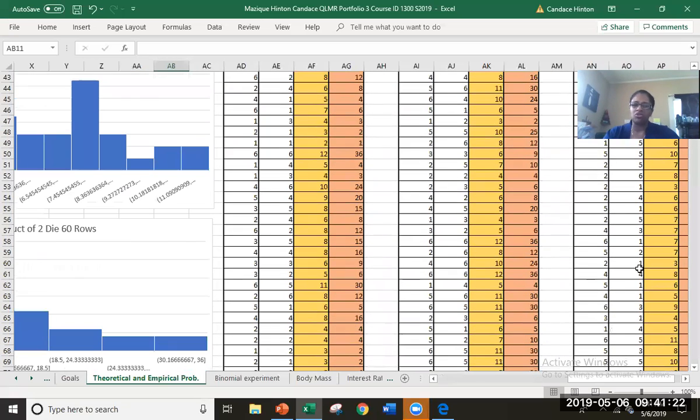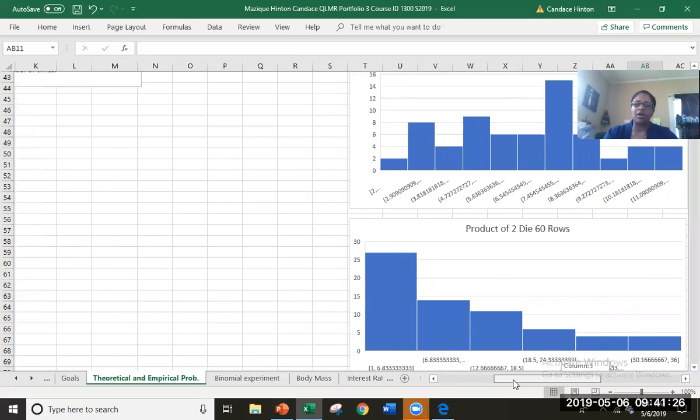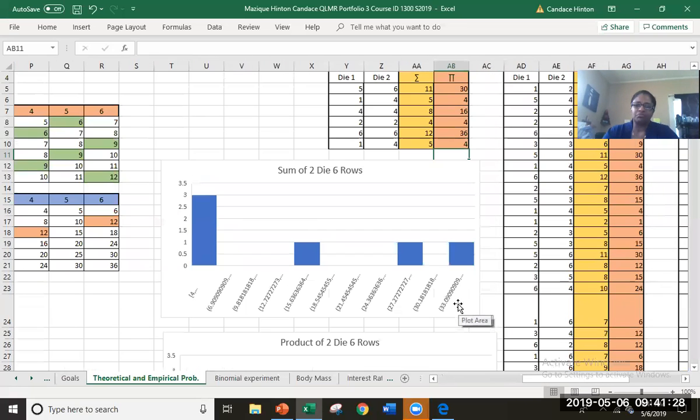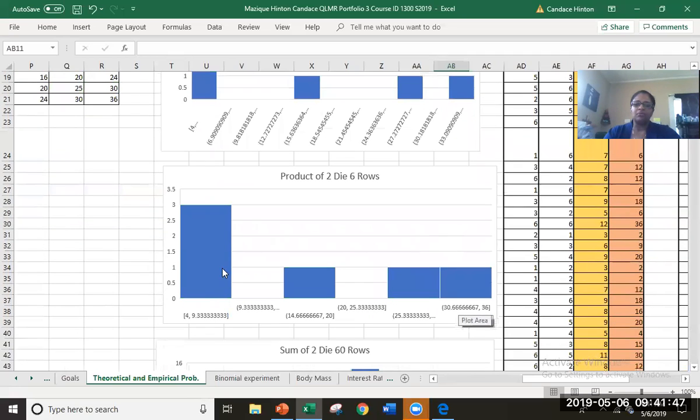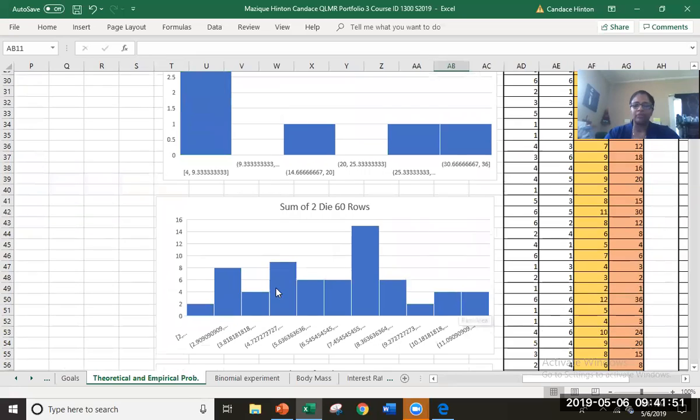So it just tells you the more data that you get, the more production you'll have. As you see in our histograms, with only 6 rows, we really didn't have enough data to be solid in the results that we were getting. And here again, we did the product. Not enough data, really.